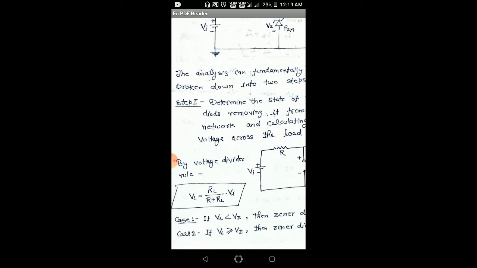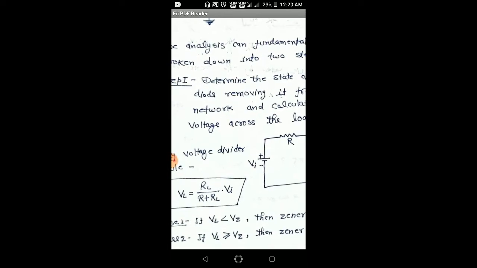Now when we find the load voltage, then 2 cases arise. In the first case, if VL is less than VZ, then the Zener diode is off.